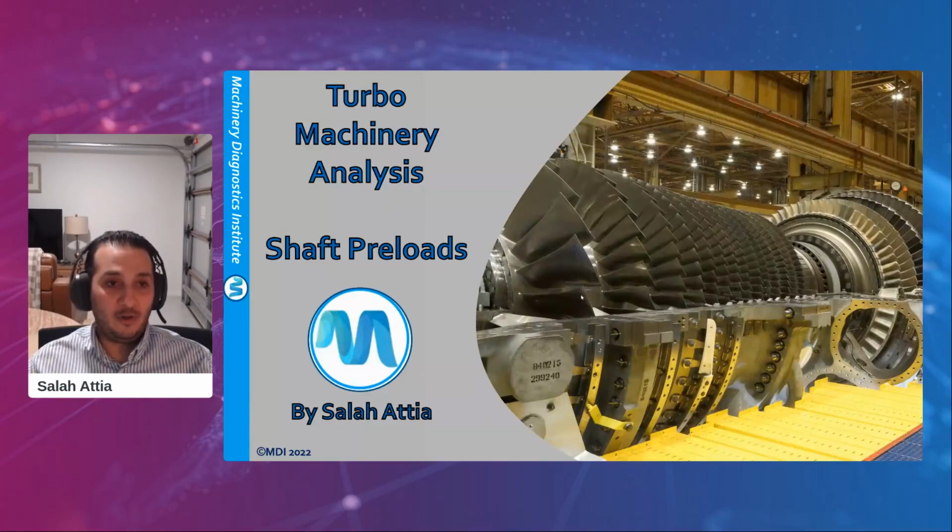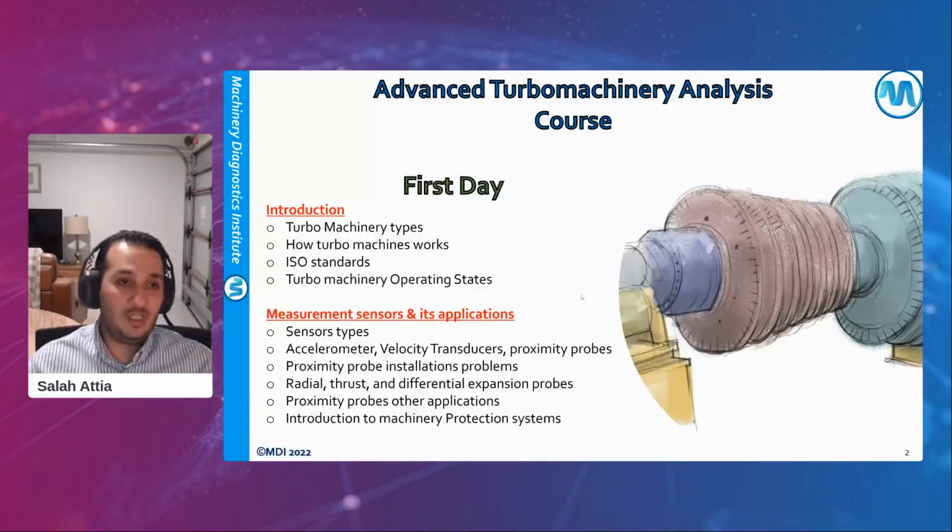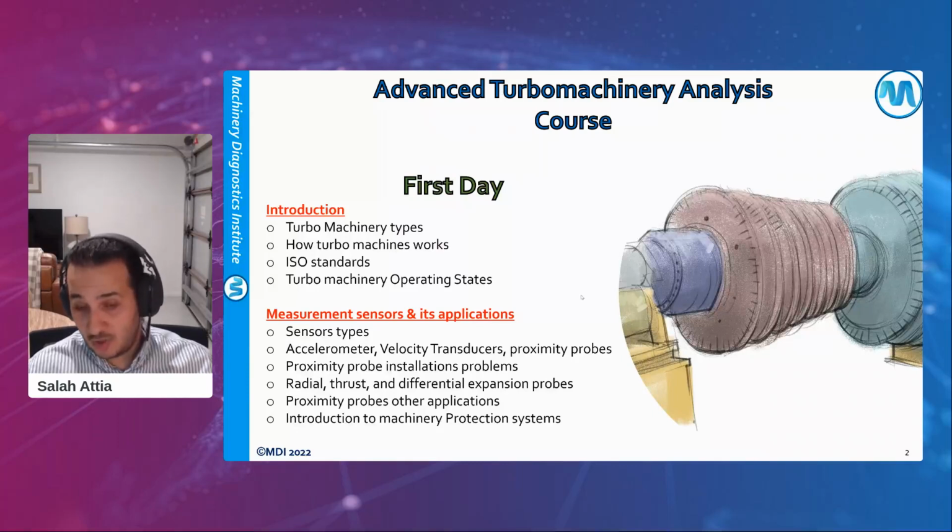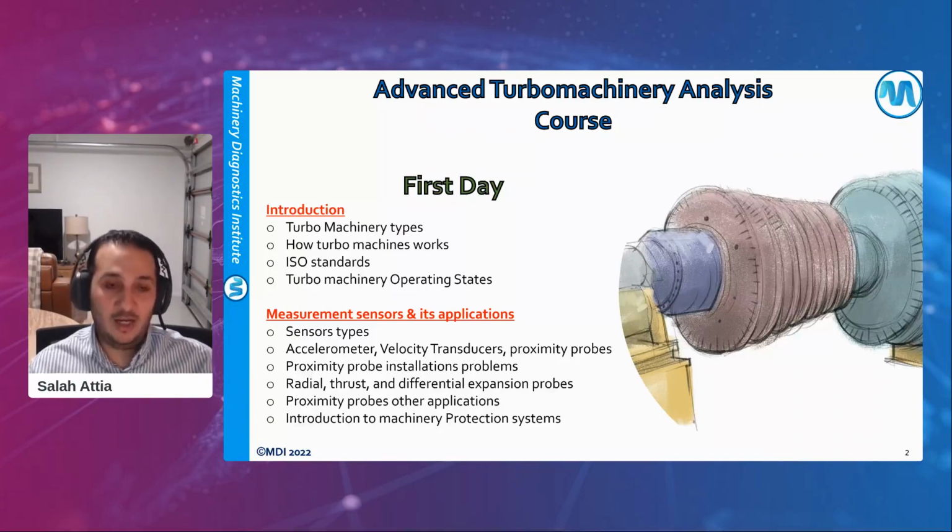This part, which is the shaft preloads, is a part of the Advanced Turbomachinery Analysis Training course by MDI, or Machinery Diagnostics Institute. I started to write this course about 3 years ago.